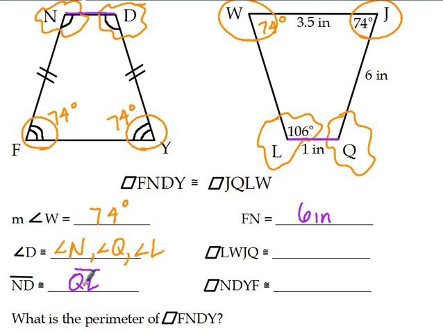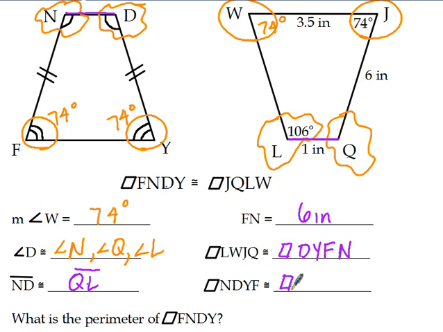So now, these are just congruent statements that they've mixed the letters up, so we just have to follow along with the letters. So this one's LWJQ. So I can see L is the same as D. I can see that W is the same as Y. J is the same as F. And Q is the same as N. And then I can do the same thing for the next one.